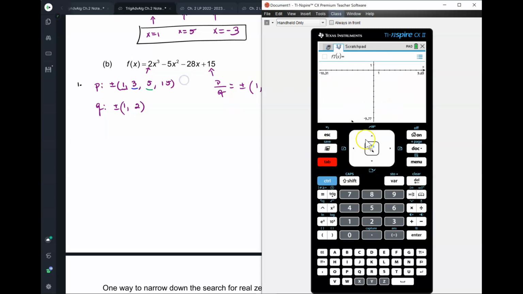So tab and type in this function, 2x to the power of 3 minus 5x squared minus 28x plus 15. Oh, look at all those zeros.